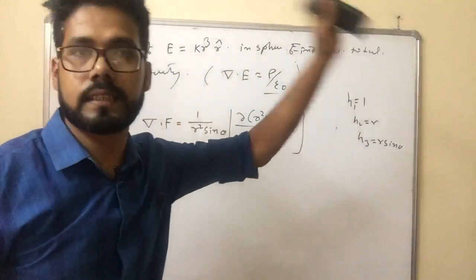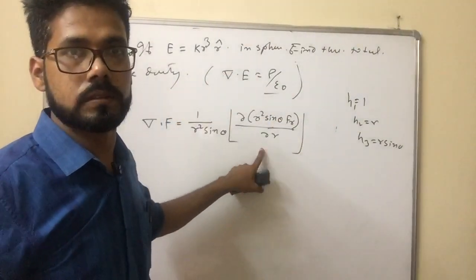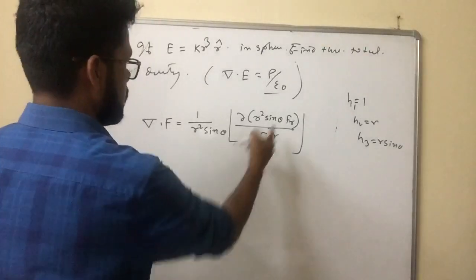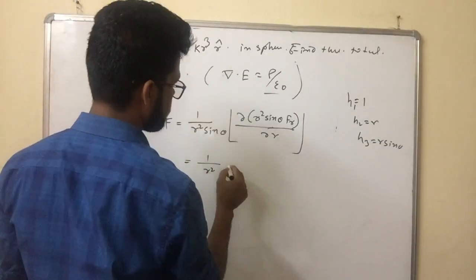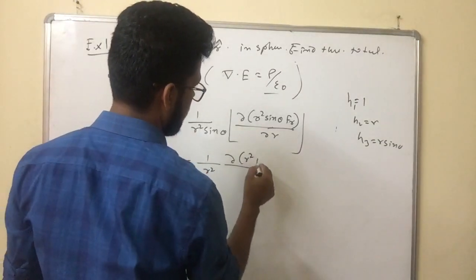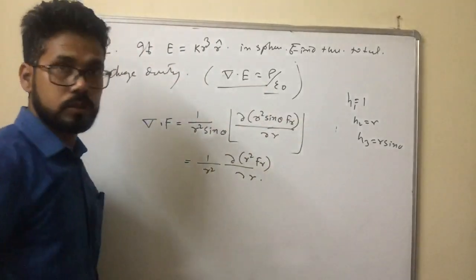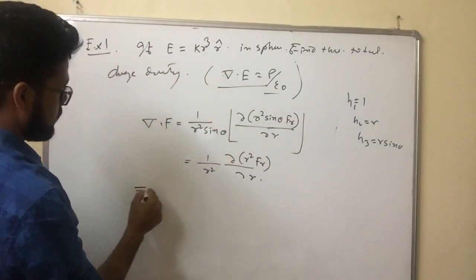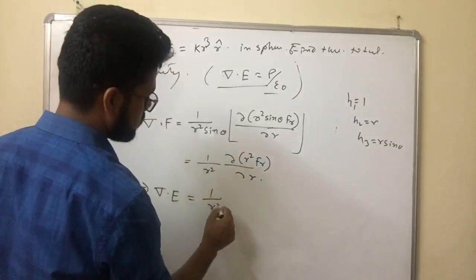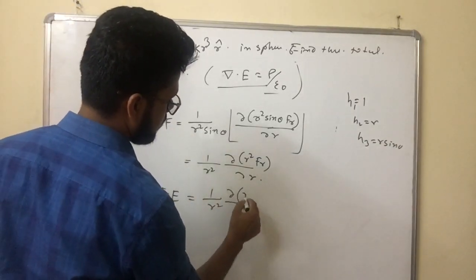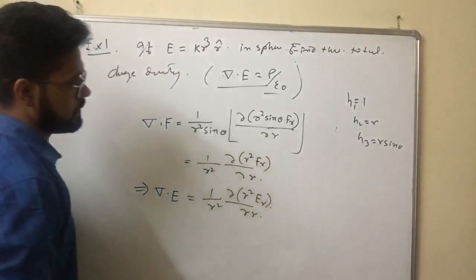That's why I am not writing the third and second components. So theta will cancel out. It will be 1 by r square, d by dr of r square F r. Now this is the equation we have to use. So for this electric field, divergence of E, I write 1 by r square, d by dr of r square E r.